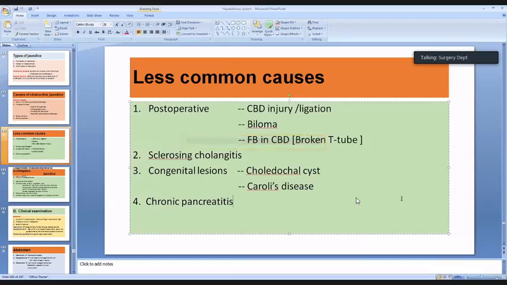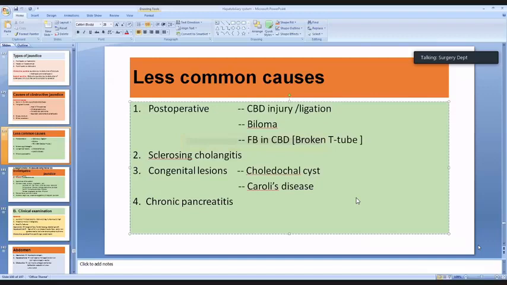Less common causes are post-operative, like common bile duct injury or ligation, or a collection of bile at or around the CBD, sclerosing cholangitis, that is inflammation of the bile duct, congenital lesions like choledochal cyst and Caroli's disease, and sometimes chronic pancreatitis.